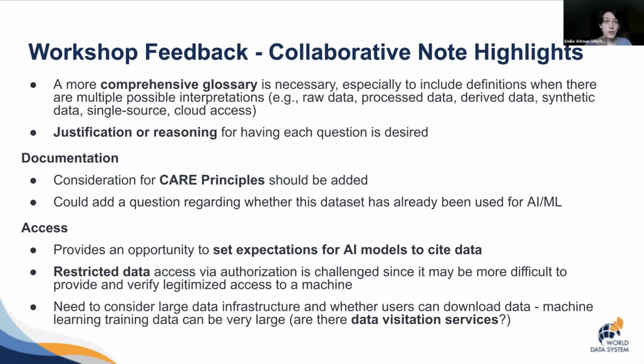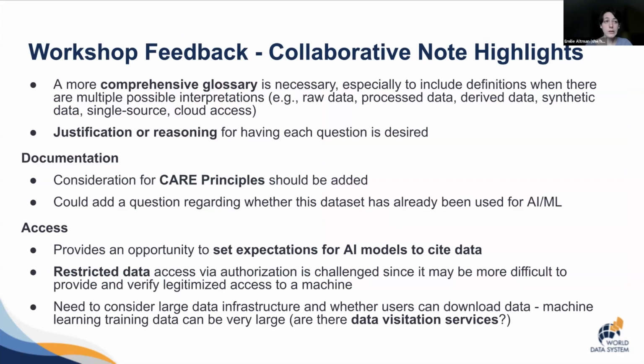So I'm going to present a short overview of the feedback that we received during the discussion at our workshop. Some general feedback: the participants wanted a more comprehensive glossary for the checklist. Many of the terms, such as raw data, processed data, derived data, synthetic data, single source, and cloud access, are vague or could have multiple different definitions.